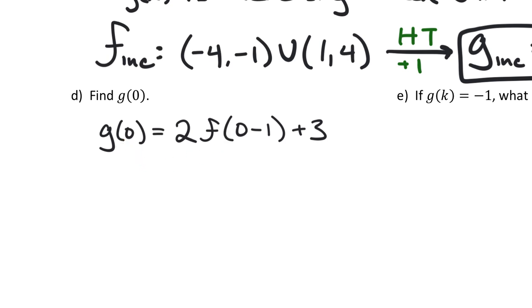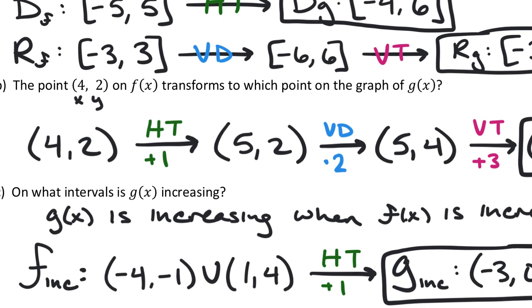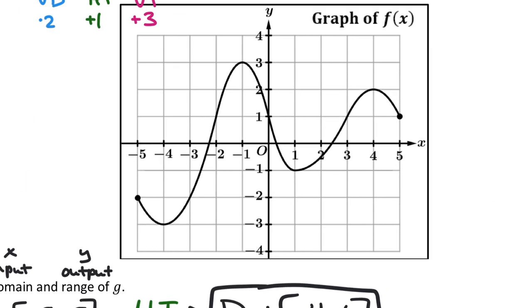Amazing. Let's start doing some arithmetic. We start on the very inside because PEMDAS tells me to deal with the parentheses first. What is 0 minus 1? Amazing. Great job. We're on a roll. Now I have to actually evaluate this function because f of -1 is telling me to evaluate the f function at -1, which means it's time to read the graph. When you look at your graph and you have an x value of -1, we're looking right here on our graph.